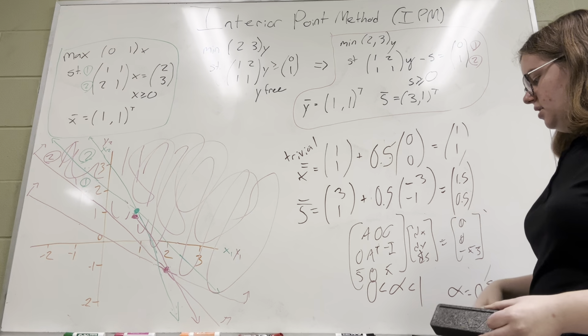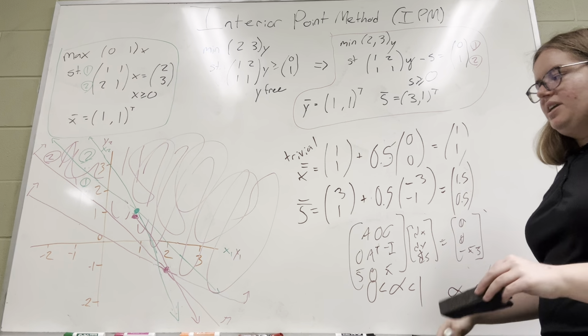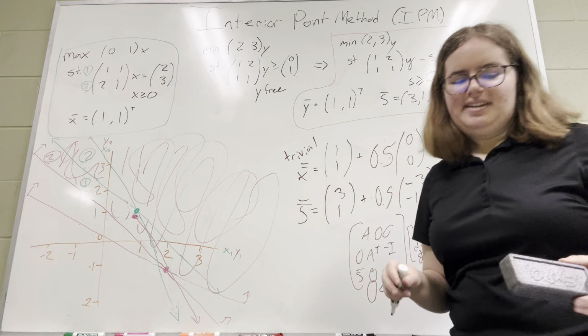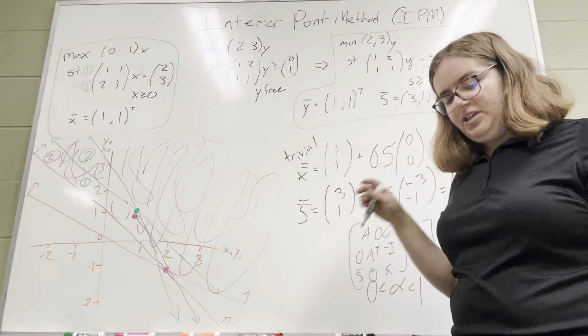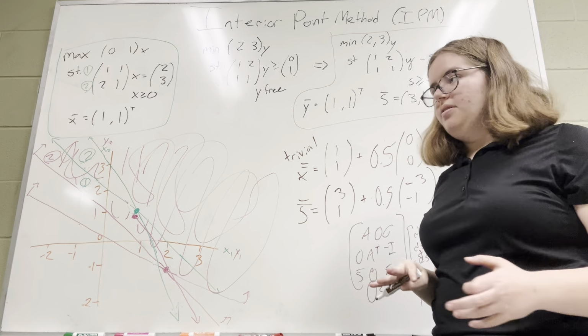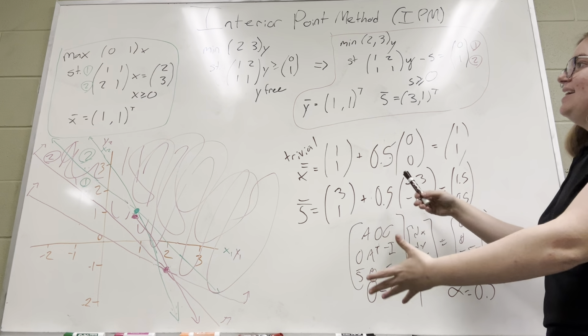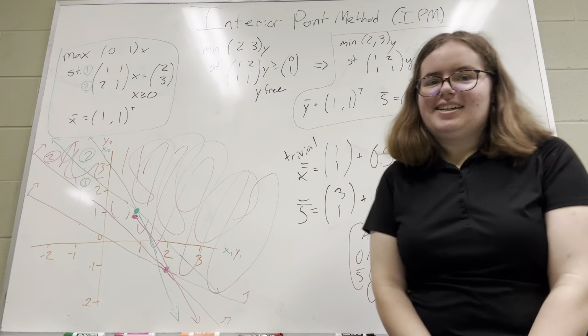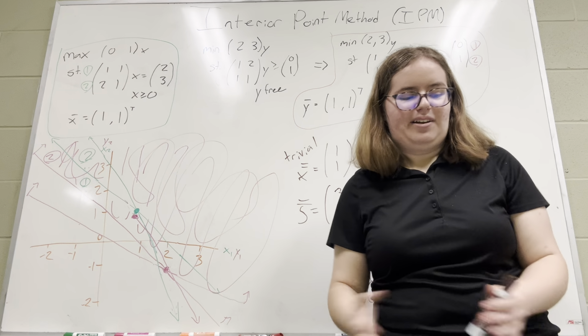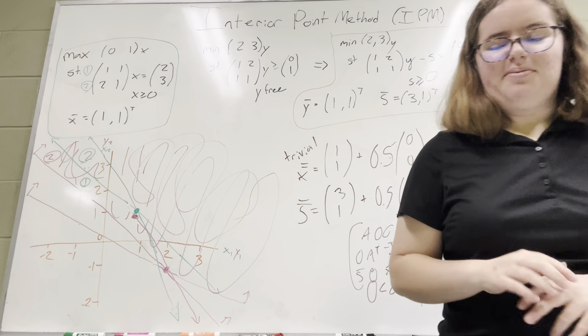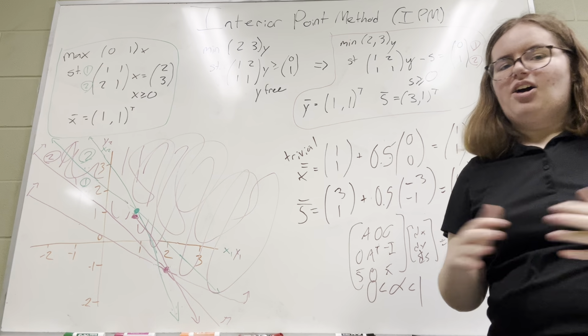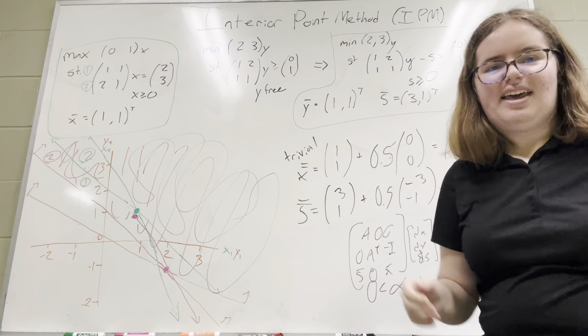It spits out a solution, solve for alpha again, rinse, repeat. That's why this algorithm is really, really hard to do by hand, but we do find that it's faster in general than simplex. Again, I don't know much detail about that, but that is the interior point method in a nutshell, even though that was like a 40 minute nutshell. So I hope you learned something from this, and I hope this helps you on the final, and thank you for watching.